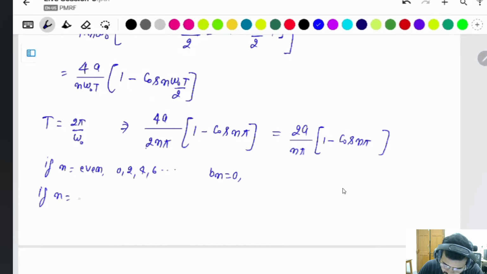If n is odd, like 1, 3, 5, 7, up to infinity, then bn is equal to, putting the value, cos pi value is minus 1, minus of minus 1 will be positive, 1 plus 1 is equal to 2, then this will be 4a by n pi.